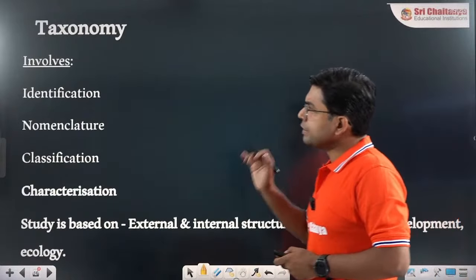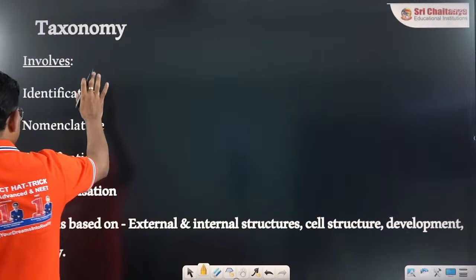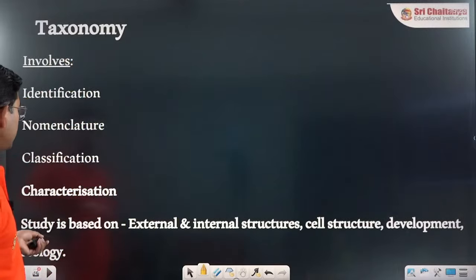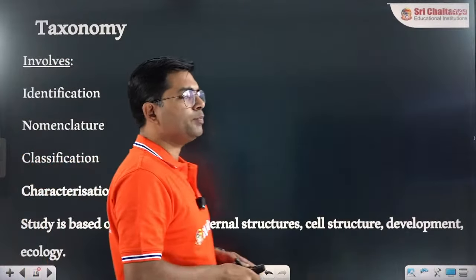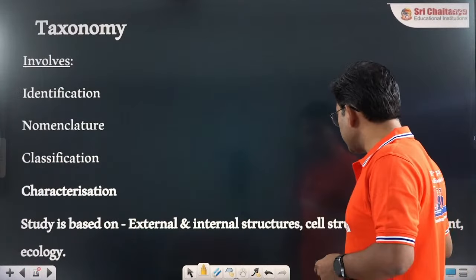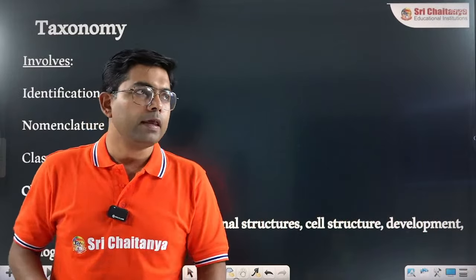So overall, taxonomy includes, in summary, identification, nomenclature, classification, and characterization, and this study is based on the anatomical, external, internal structure, cell structure, and developmental ecology.